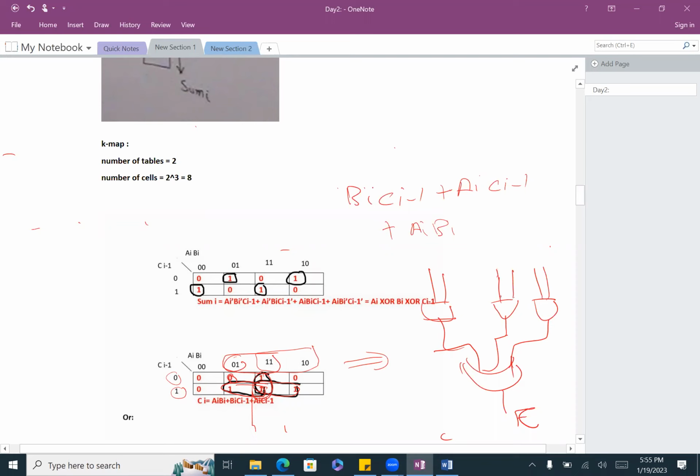And what is the first input if you want to write it? It's going to be A_i, B_i. The second one is going to be B_i C_i minus 1. The last one is going to be, I think there is a bar, maybe this one is bar. I'm sorry, B_i bar.